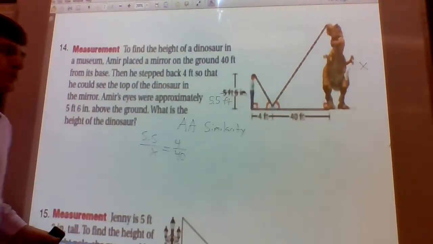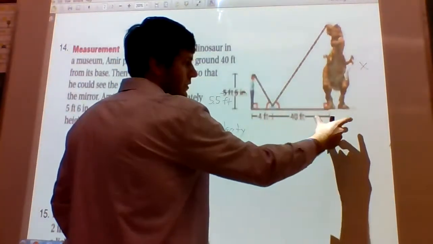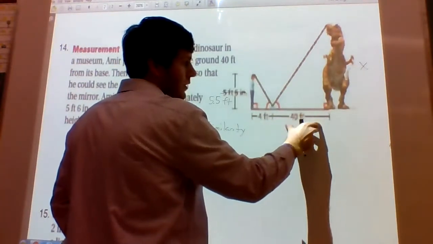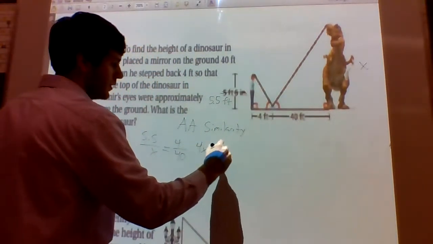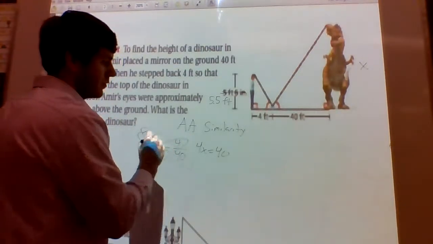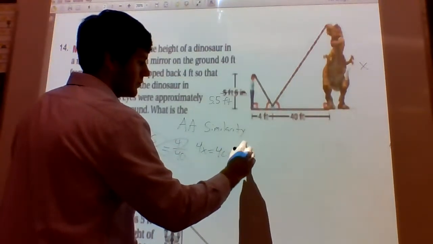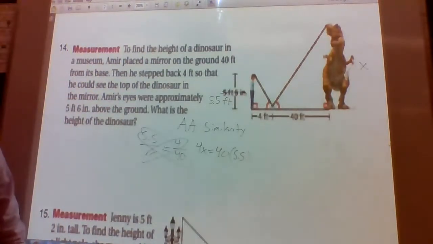It's going to be 10 times larger. Our scaling factor here is 10. 4 times 10 is 40. So this is 10 times larger. So 4x is going to equal 40 times 5.5 when you cross multiply, which is 160 plus 60, 220.